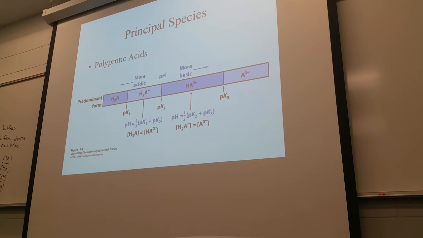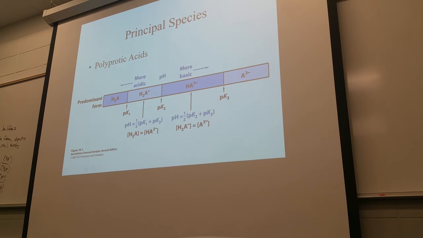In fact, I've actually seen people write these out for different forms and say, okay, if I have a buffer that's this pH, I have predominantly this and a little bit of the other ones. Which is great, except that most of the time, as scientists, we want them in numbers. We want to know roughly percentage-wise, actually number-wise, what we have of these.